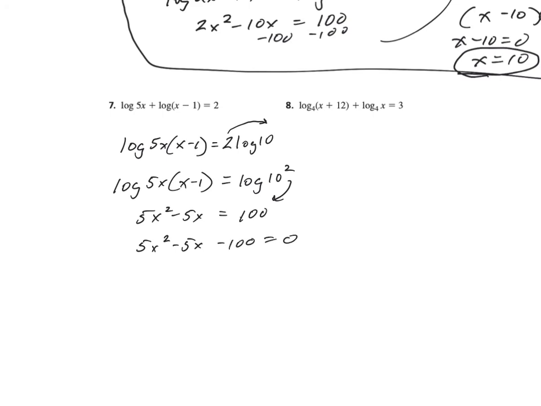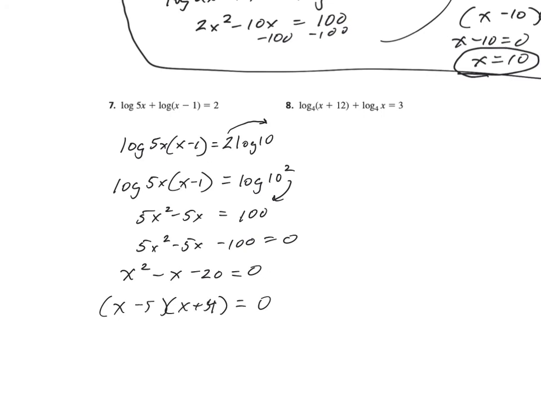Oh, you're right, everything is divisible by 5: x squared minus x minus 20 equals 0. Now two numbers that multiply to -20 and add up to -1. You can do it. Okay, -5 and +4.